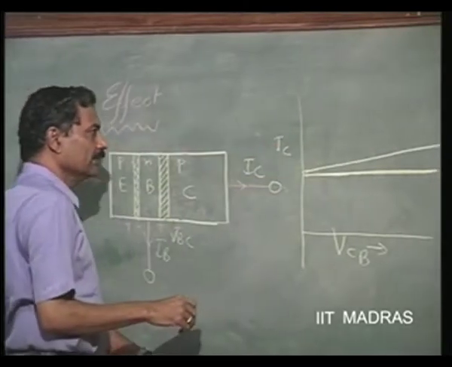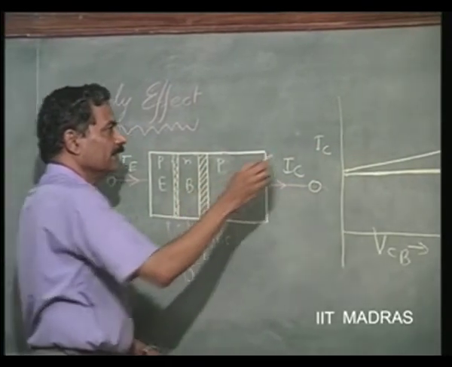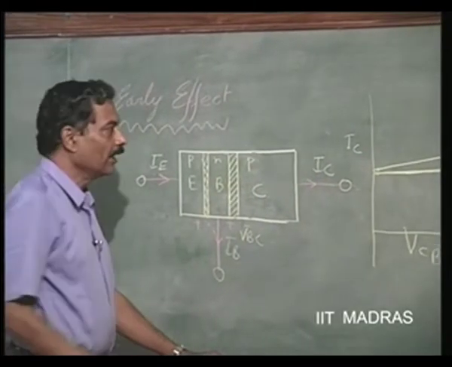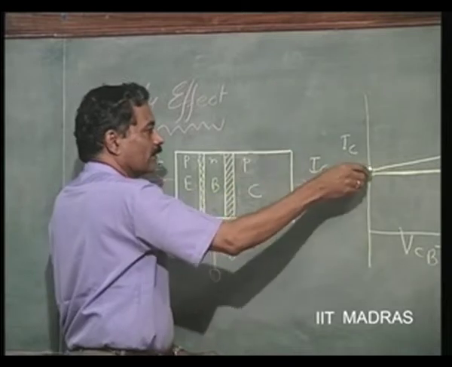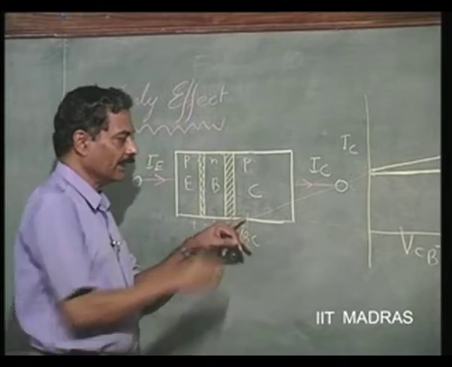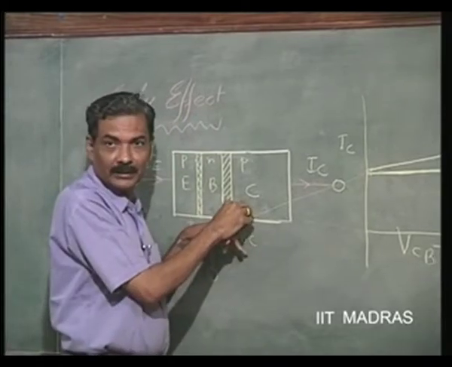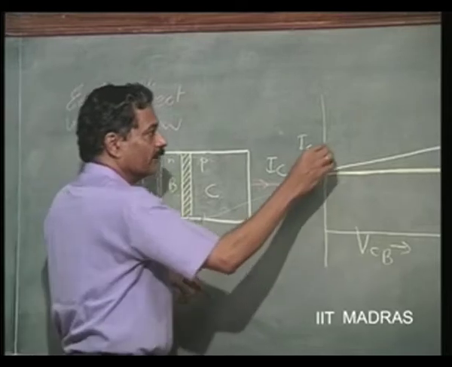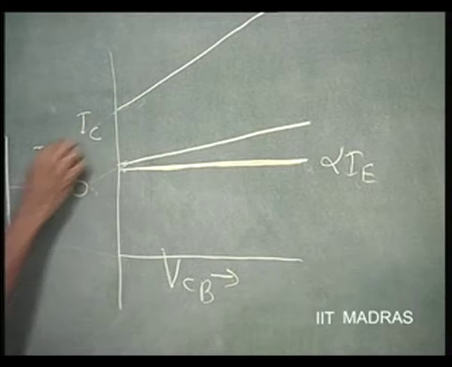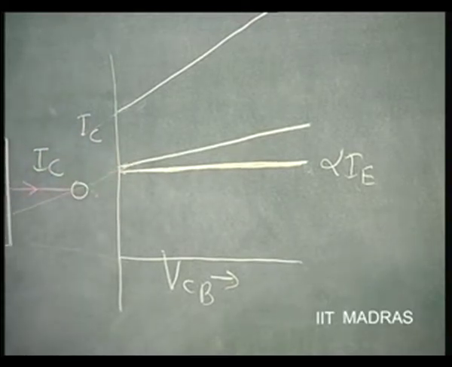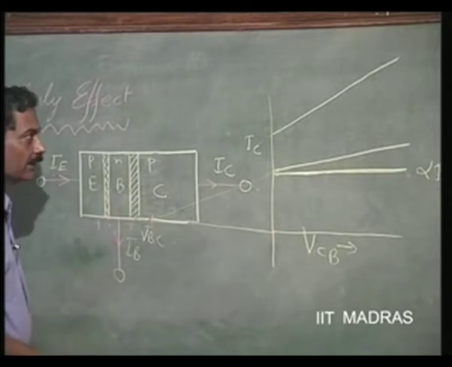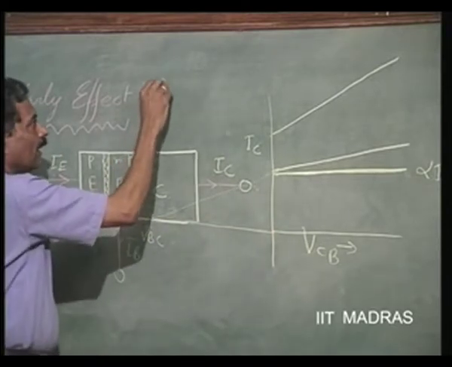Now, what happens because of early effect is this effect is going to be felt more at higher currents, and therefore this whole characteristic can be expanded like this, and it will intersect at a particular point, and this is called early voltage. For the next current, it might be something like this, and all these will intersect at a particular point on this axis, and that is called early voltage.